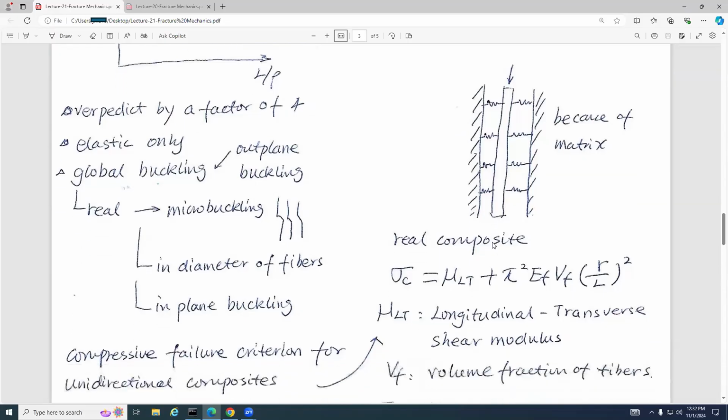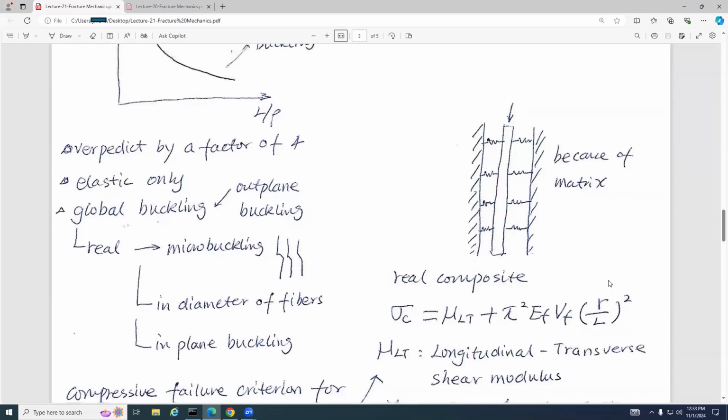So people came up with this model. Sigma C is the critical strength. It equals mu LT plus pi squared E_f V_f R over L. L is the length, R is the radius.